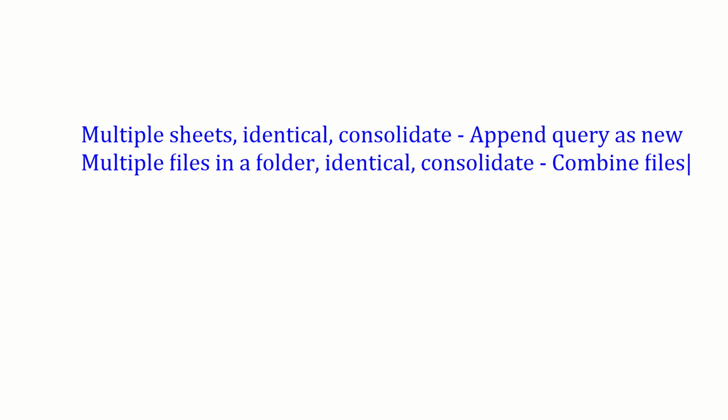So then we have to use append query as new. Correct. Multiple files in a folder, identical. We want to consolidate it. Then we have to go for combine files. Correct.